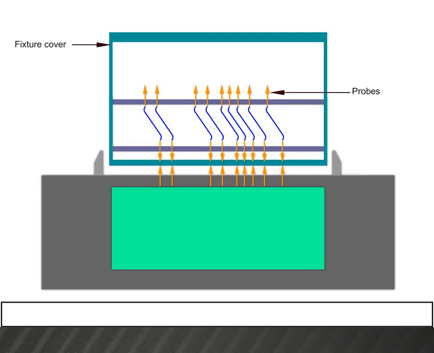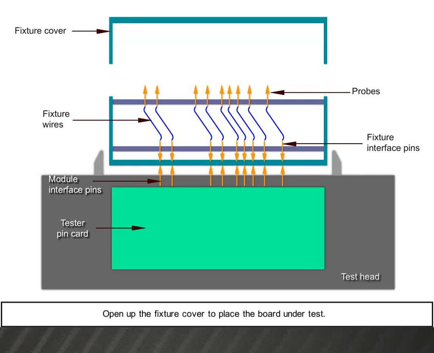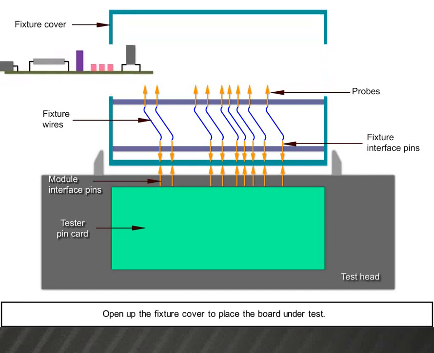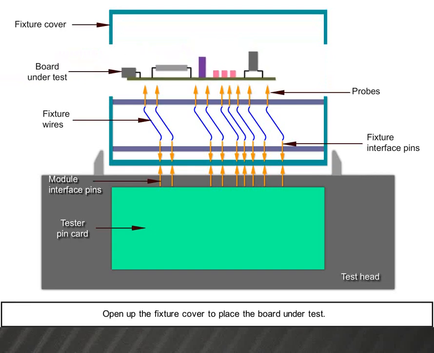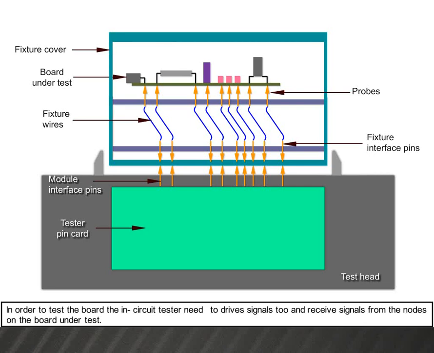Fixture cover, probes, fixture wires, fixture interface pins, module interface pins, tester pin card, test head. Open up the fixture cover to place the board under test. In order to test the board, the in-circuit tester needs to drive signals to and receive signals from the nodes on the board under test.